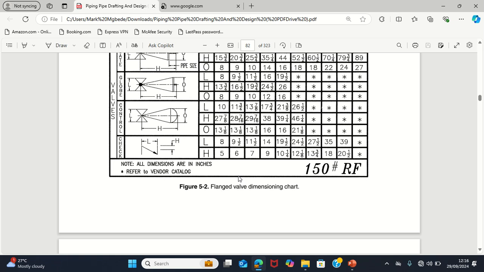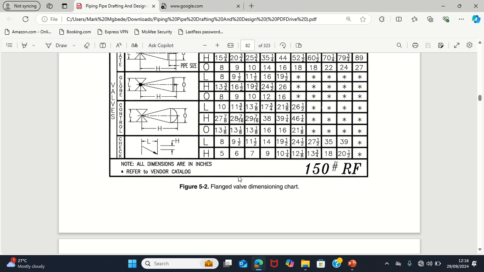I know that many of you will be asking how we know the kind of valve to place on the piping in the system. There is what we call the piping and instrumentation diagram, which the process engineer will develop and give to the piping engineer in order for him to develop his facility.